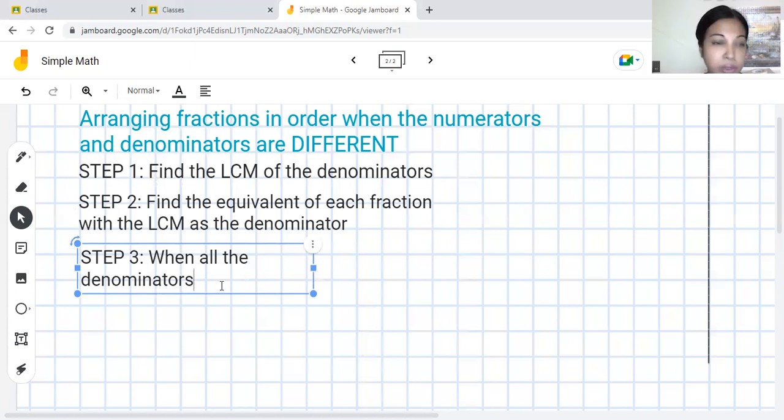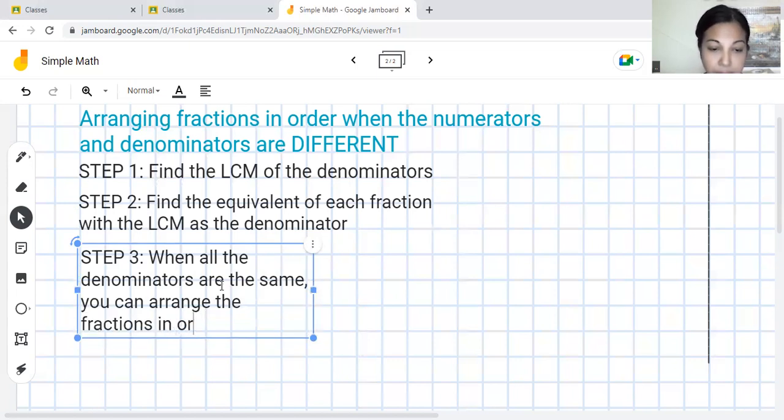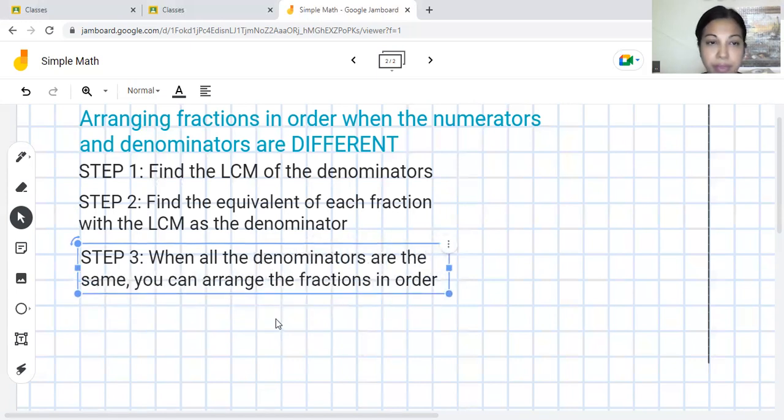All right, so when all the denominators are the same, you can arrange the fractions in order.